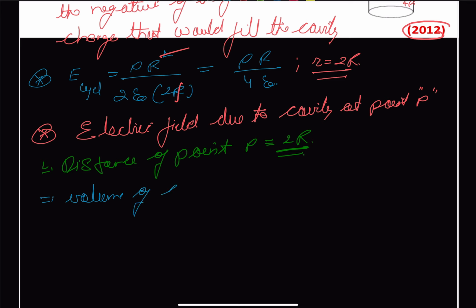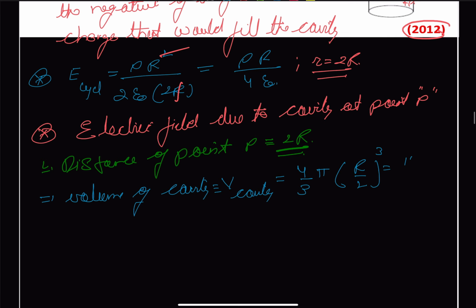Let us call this V cavity, which will be equal to 4 by 3 pi, and the radius is r by 2, whole cube. So this comes as pi r cube divided by 6.